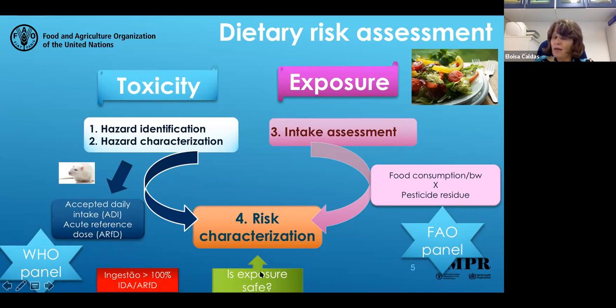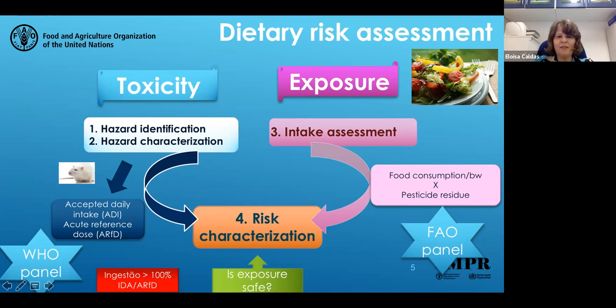If it's lower, there is no health concern for the human population. I think I have part of this in Spanish or even in Portuguese, but in this slide it's intake, sorry. I'll change that later on. So this is the whole issue.